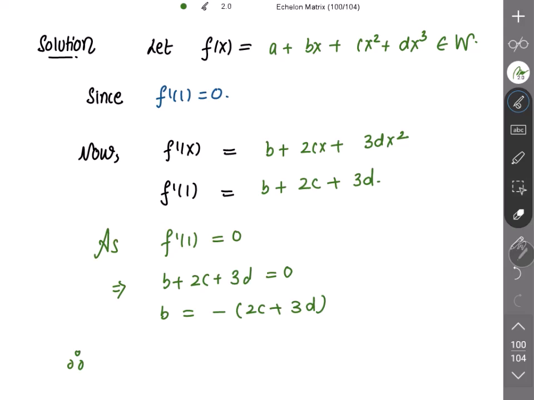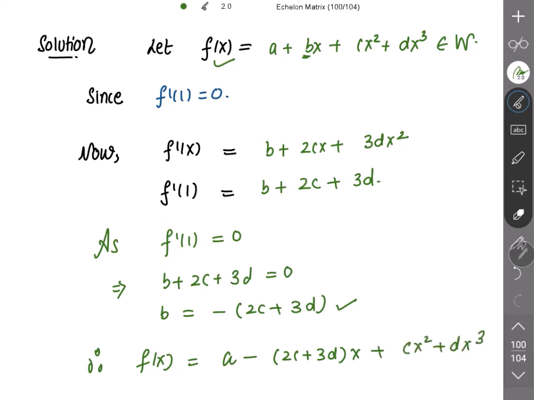So the original polynomial becomes f(x) equal to, putting the value of b in terms of c and d, negative of (2c plus 3d) x plus cx square plus dx cube.